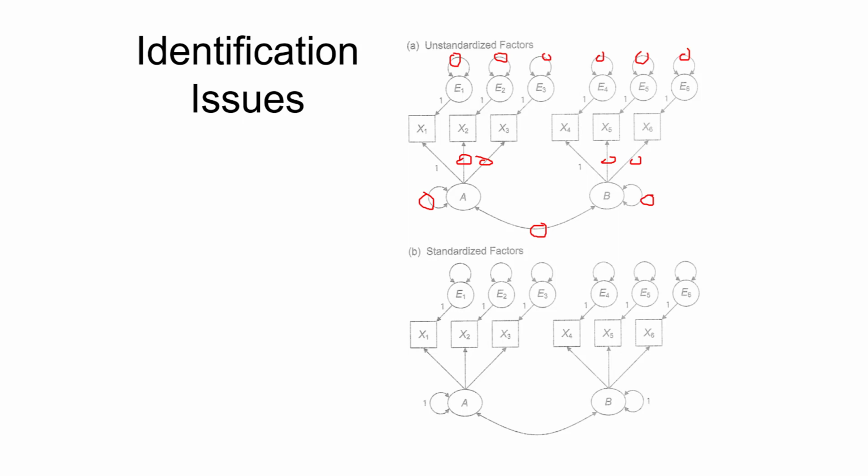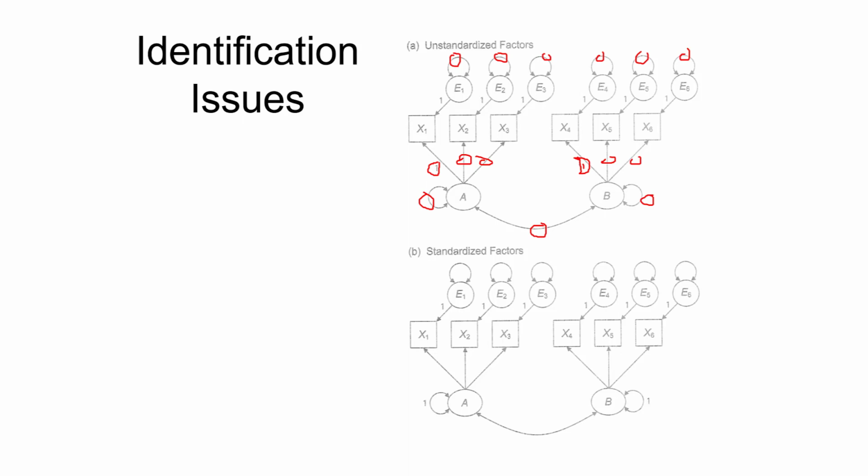So what we'll do is we'll actually set this to 1, and when we set this to 1, we've now eliminated 2 parameters we're trying to estimate, and that makes it an identified model. We now have enough information in this model to calculate all the parameters.